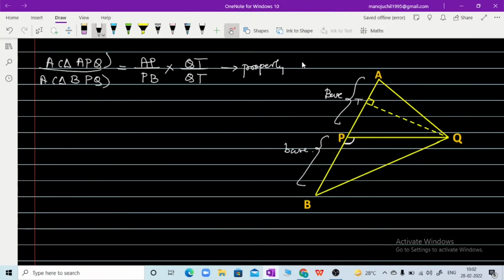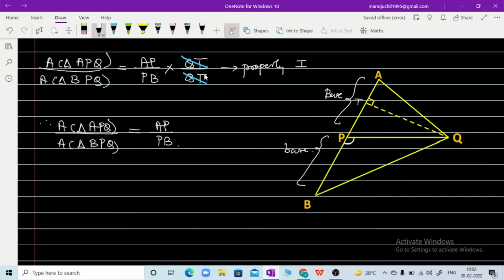This is my property 1. Based on this, since they have different bases but equal heights, can I cancel this QT and QT? So what I am left with is, therefore, area of triangle APQ upon area of triangle BPQ is equal to AP upon PB.